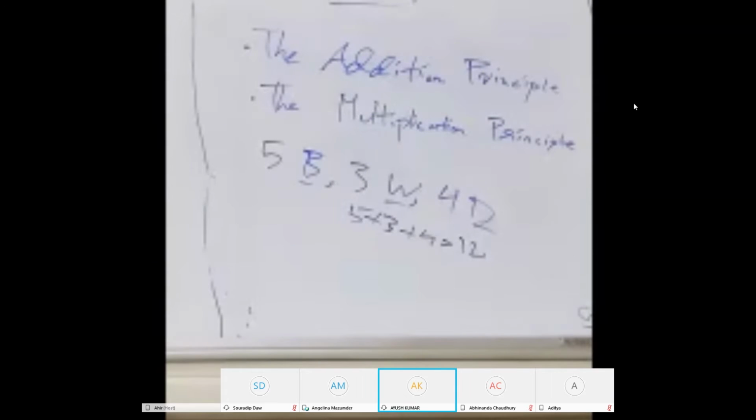So proceeding with our problem, we had 5 burgers, 3 wraps, and 4 drinks, and we are selecting one of each type. Now, in how many ways can you order? 5 into 3 into 4. Yes, 60 is the answer. I'll just repeat the question once more. We have 5 burgers, 3 wraps, and 4 drinks, and we are selecting one burger, one wrap, and one drink.